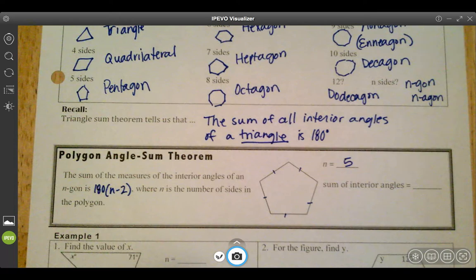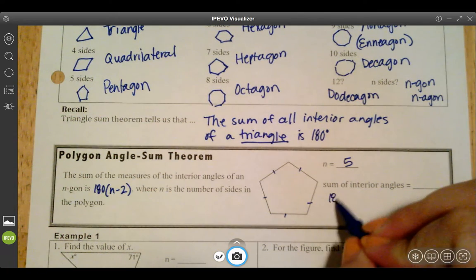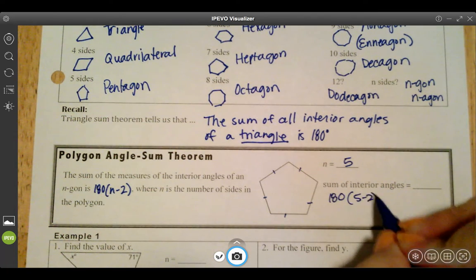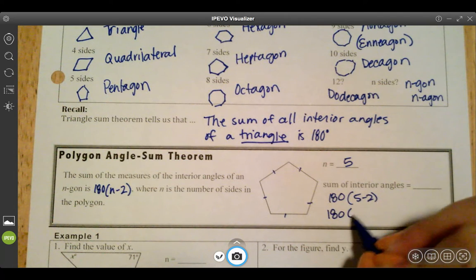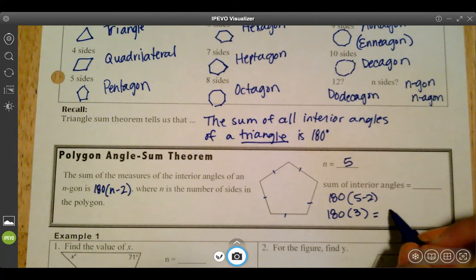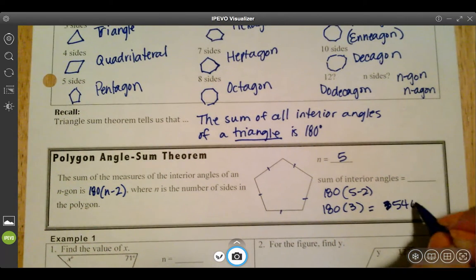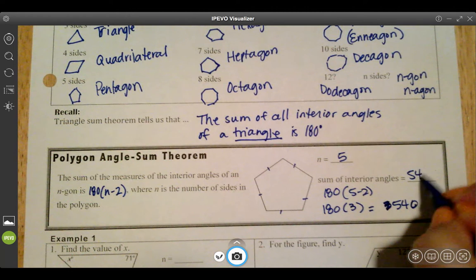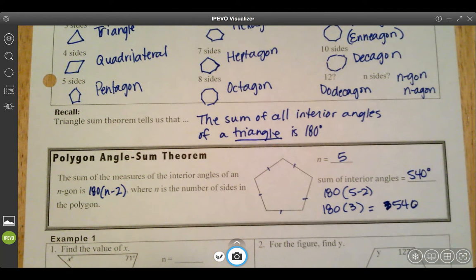So the sum of the interior angles will be 180 times 5 minus 2, which is 180 times 3, which equals 540 degrees.